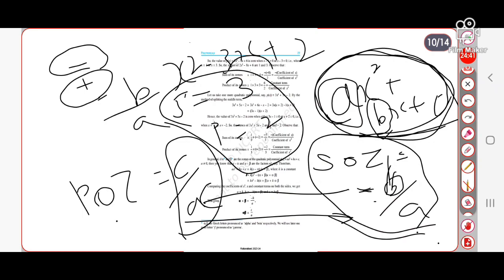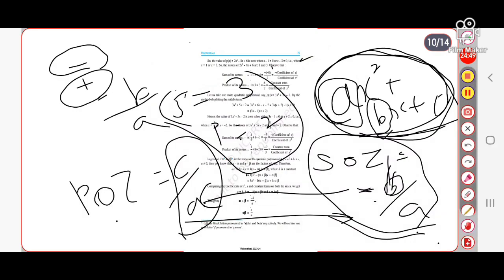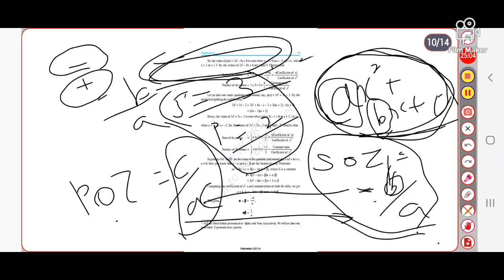What they will ask you to do is this: the sum of zeros and product of zeros will be provided by the question. They will ask you to find the equation that holds good for this sum of zeros to be 3 and product of zeros to be 2.